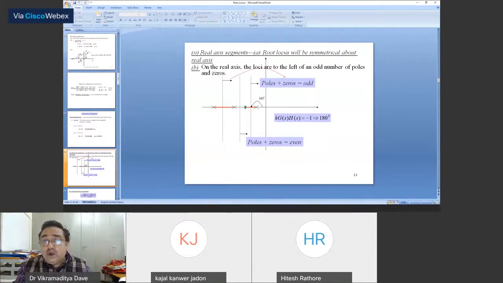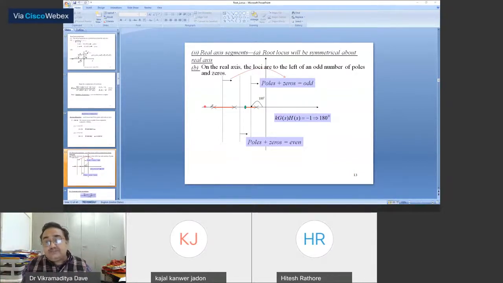To identify it on the real axis, the loci are to the left of an odd number of poles and zeros. So suppose in this question 3 poles and 1 zero are mentioned. To determine whether on this real axis any root locus exists, I will mark a point here. You need not mark a point on your graph paper, but imagine that you have marked a point here.